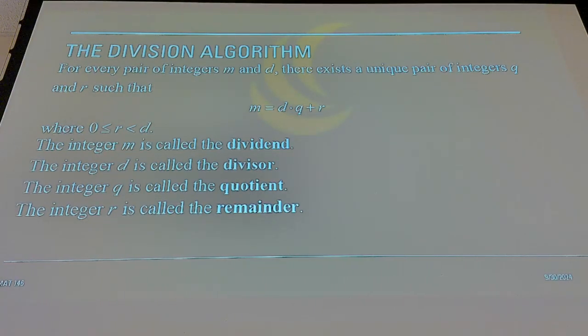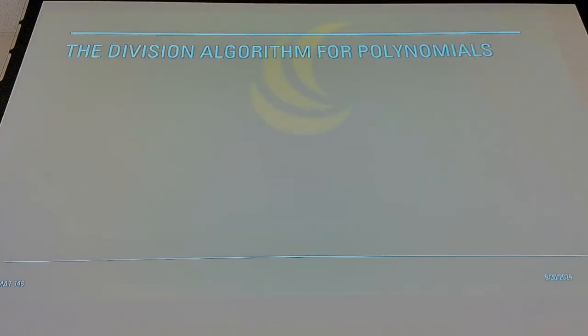We now extend this notion to polynomials. And it is practically identical.